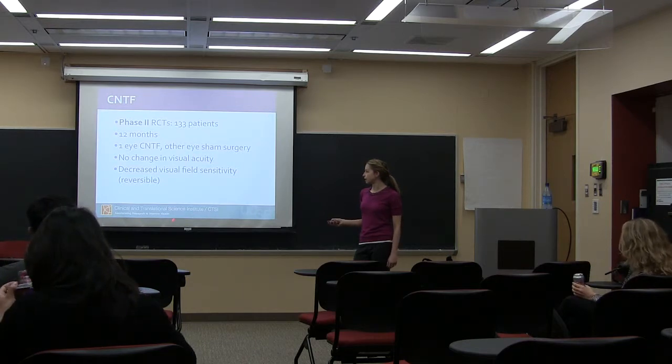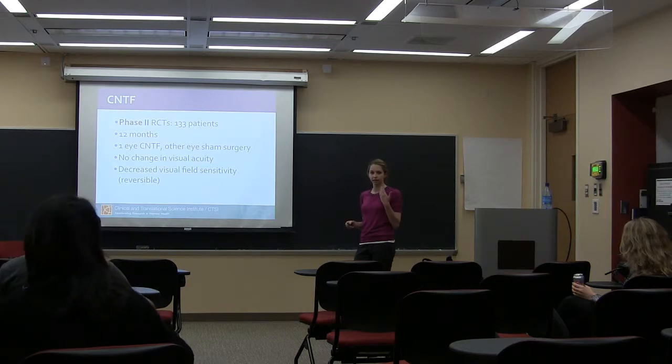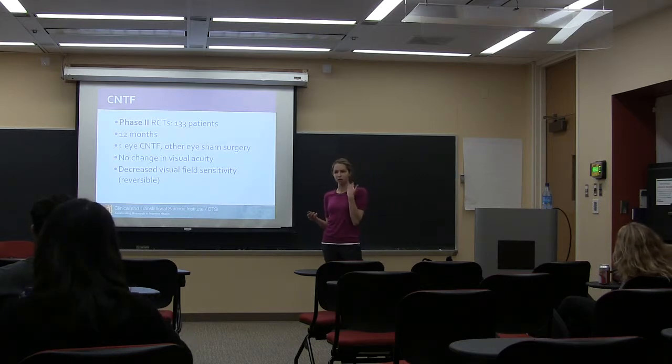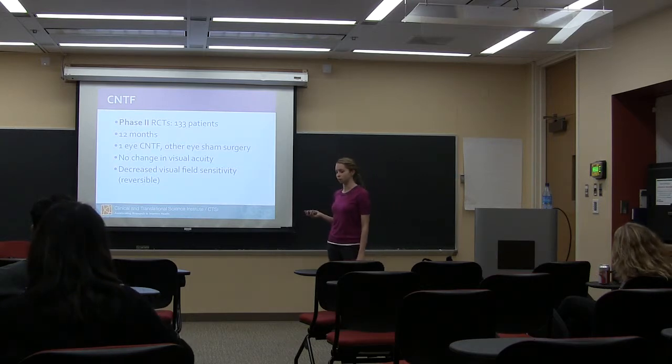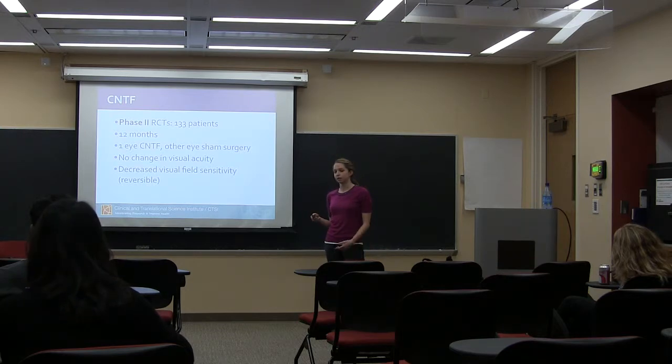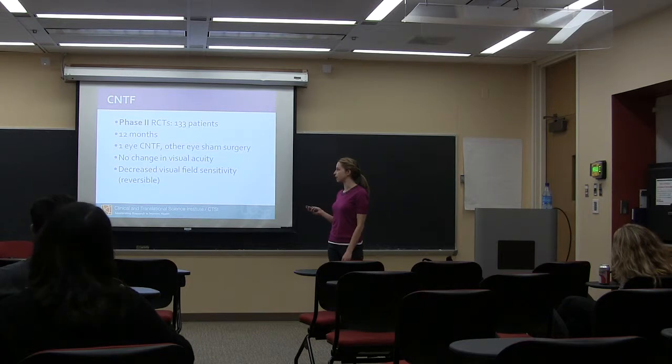And these subjects actually did show decreased visual field sensitivity, meaning in the treated eyes, it showed like their retinal cells weren't working as well in the eye that received the implant, but that was reversible after the implants were taken out. So overall, not hugely supportive of CNTF, but again, it's a 12-month trial, not long enough of a time point that we would expect to see measurable differences.